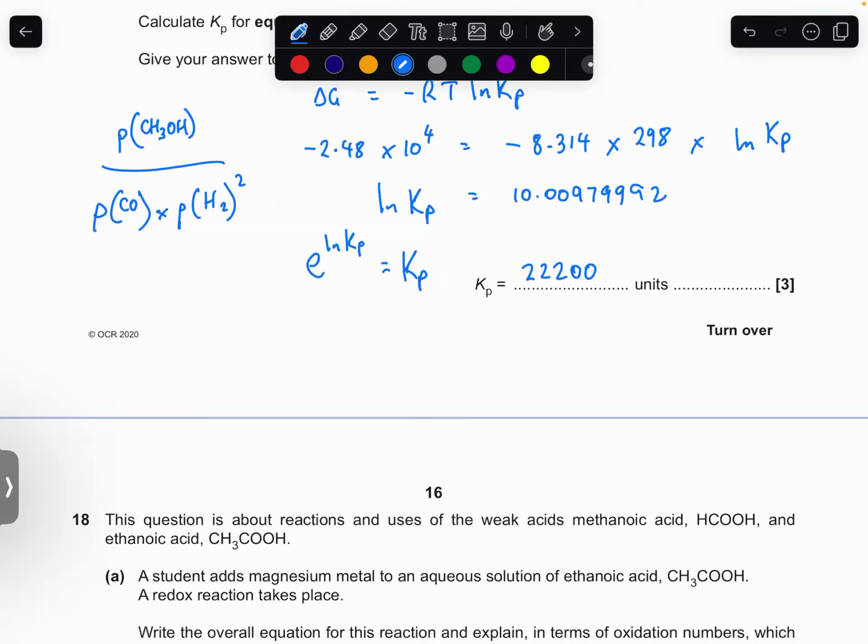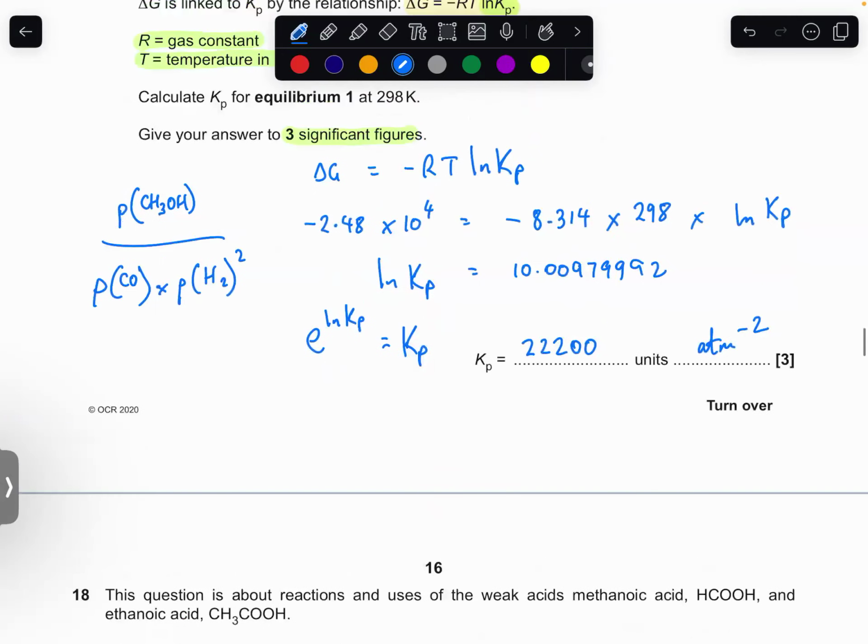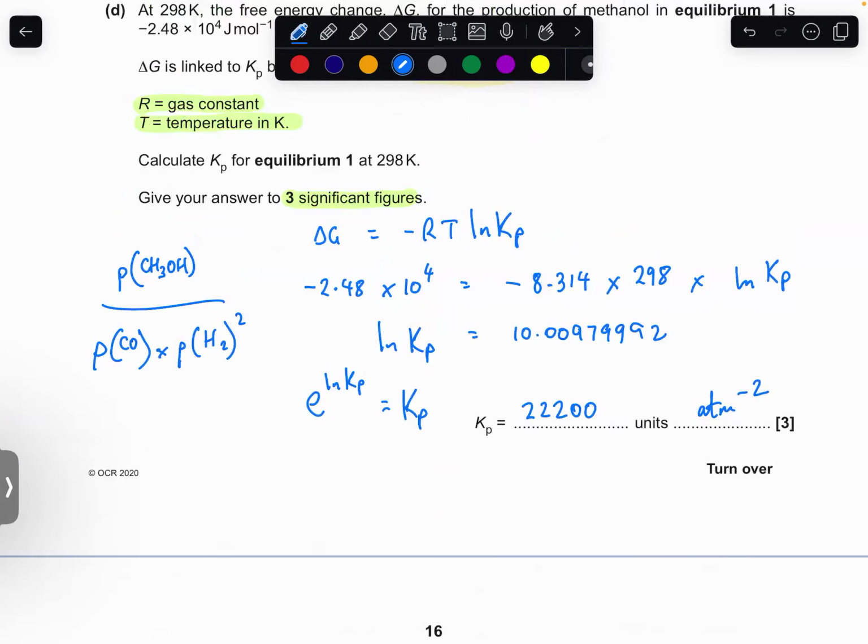Actually, just have a peek at the mark scheme, and it doesn't matter which units you use. So it's 1 over partial pressure squared. So you could do atm, atmospheric pressure, to the minus 2. And Kp, they've given it in standard form, 2.22 times 10 to the 4, and it says allow 22200.